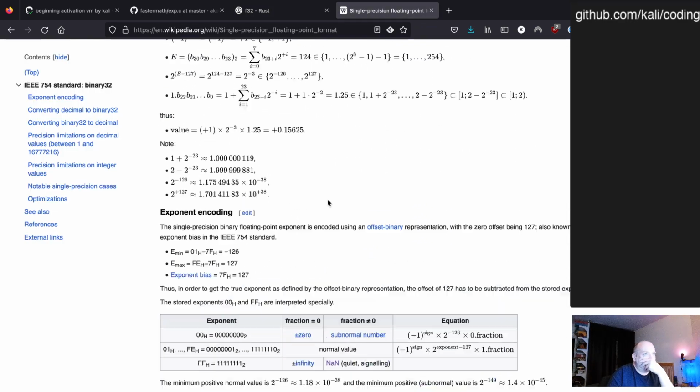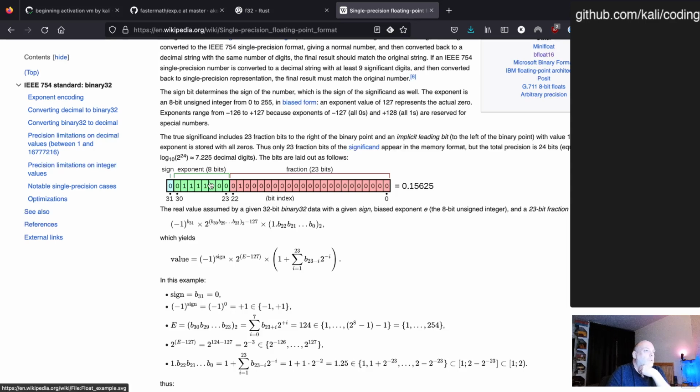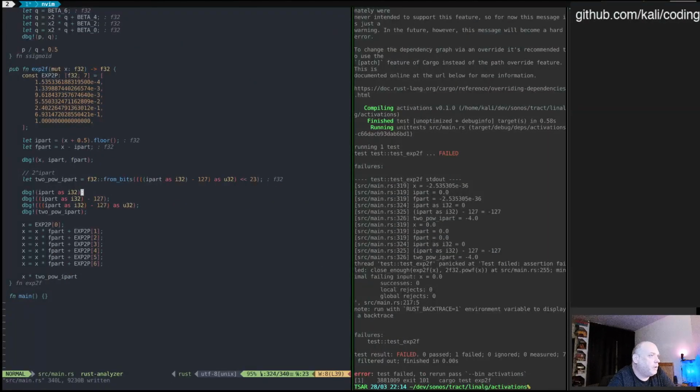So we have 8 bits in the exponent. So we need here minus 127 as u8 as i8. So this will make it small, because we have all of these ones to the left that we don't want, and these are the ones, I think, which are problematic right now.